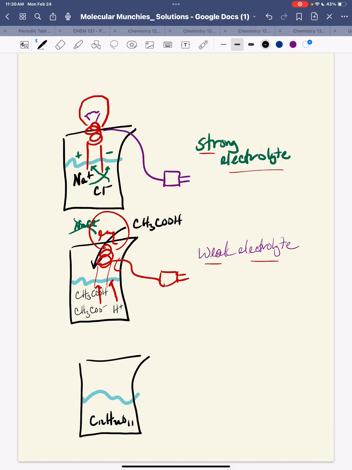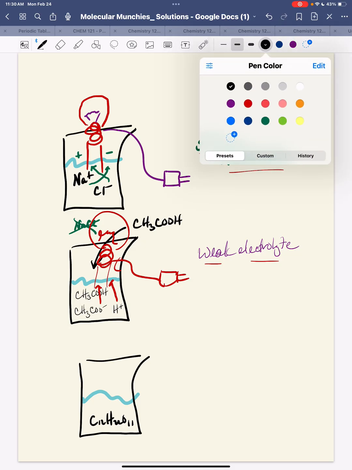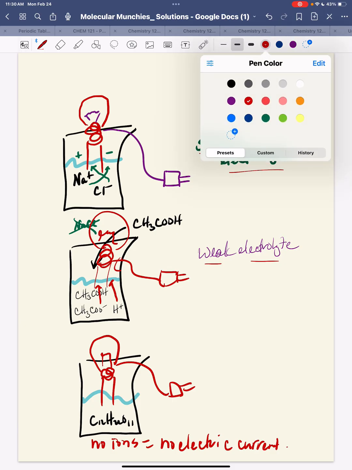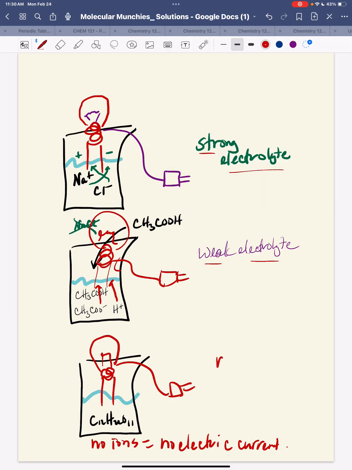But when we put the electrodes in there, we have our light bulb, we have our wire, we plug it in, right? There are no electrons to move. So no ions equal no electric current, right? And so basically, we call these non-electrolytes because they do not turn the light bulb on. They do not conduct electricity. So non-electrolytes.